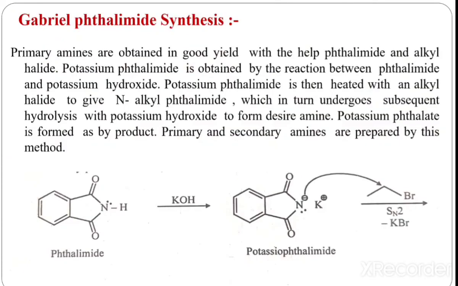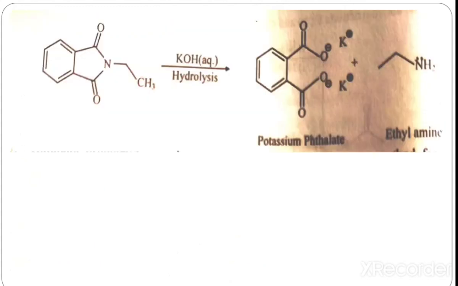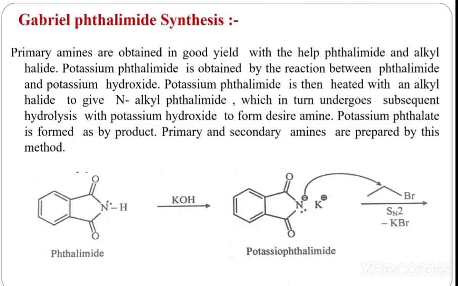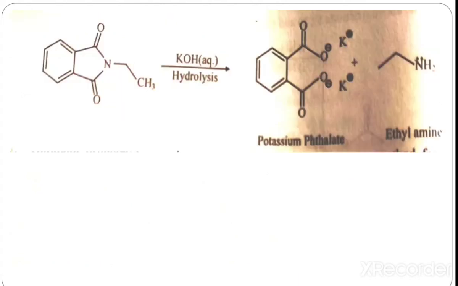Now these N-alkyl phthalimides in turn undergo subsequent hydrolysis. That means the N-alkyl phthalimide undergoes hydrolysis with potassium hydroxide, that means KOH, to form the desired amine. Now the potassium phthalate is formed as a byproduct, and here the primary and secondary amines can be prepared by this method.